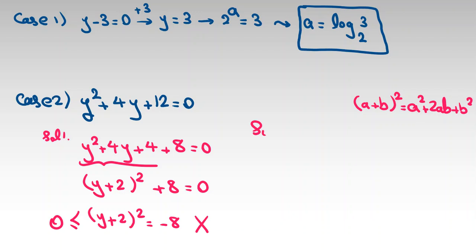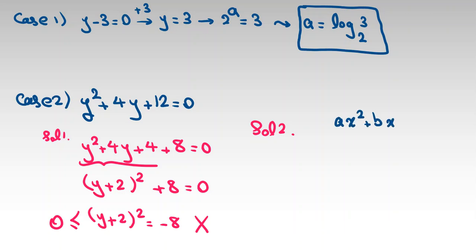If I want to solve this with solution number 2, let me erase this part. We have a formula in a quadratic function: if, for example, x squared plus bx plus c equals 0 and x is real, we define the discriminant, or delta, as b squared minus 4ac.